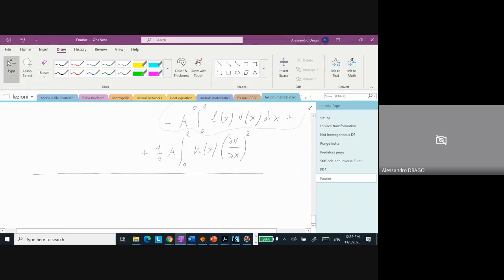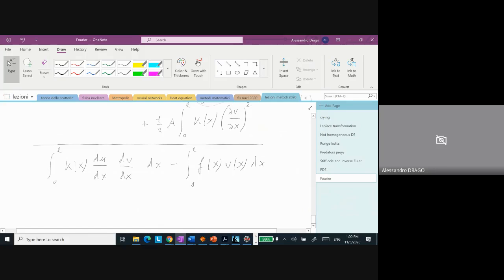So let me rewrite this term: integral from 0 to L of k of x, du over dx, dv over dx, integrated dx, minus the integral from 0 to L of f of x, v of x dx.